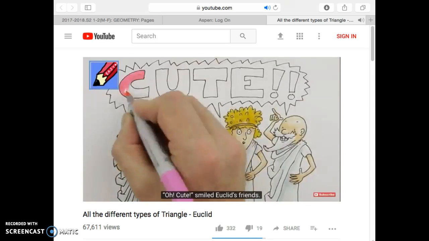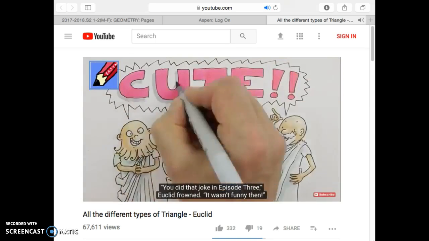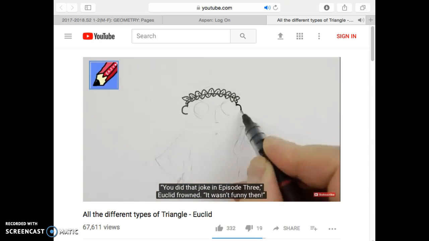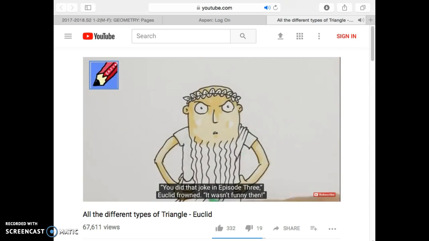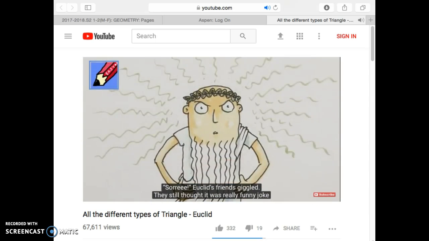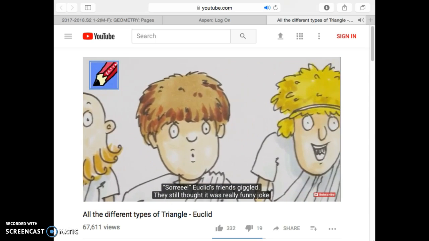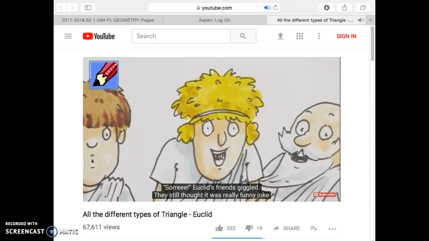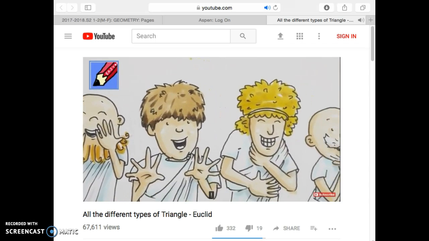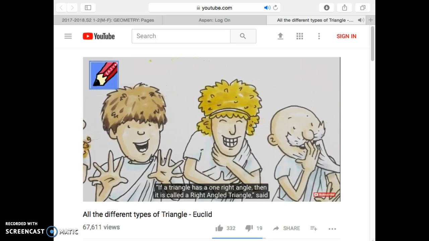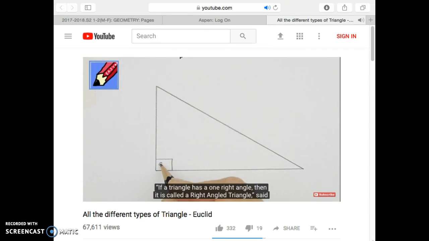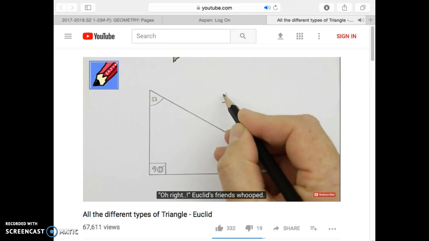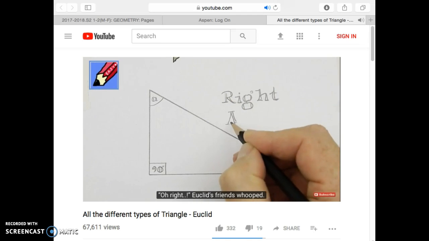Oh, cute, smiled Euclid's friends. You did that joke in episode 3, Euclid frowned, and it wasn't funny then. Sorry, Euclid's friends giggled. They still thought it was a really funny joke. If a triangle has one right angle, then it is called a right-angled triangle, said Euclid.